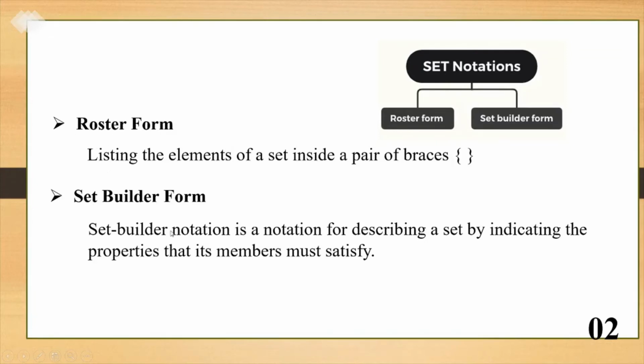In set builder form, we represent the elements of a set with a description of what is actually meant by the members of the set, or the nature of the set, in a detailed version. We become more familiar when we study examples of these two forms, so let's quickly go to the examples.